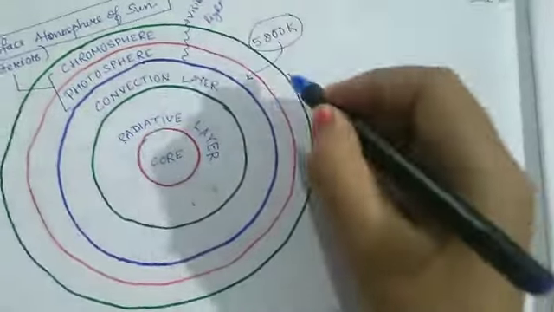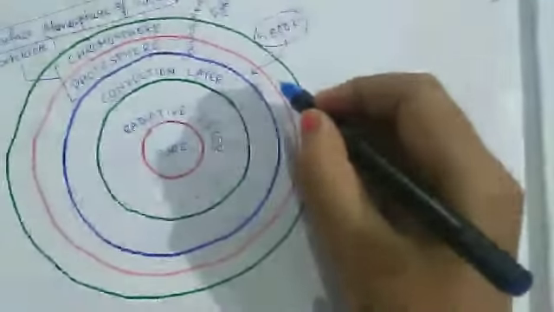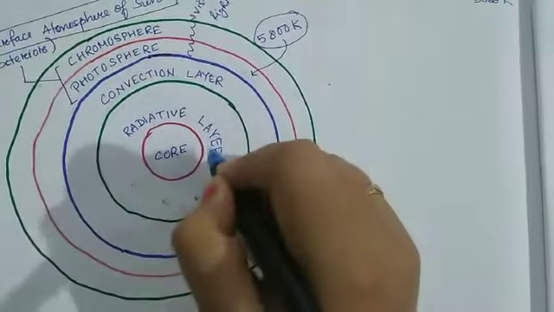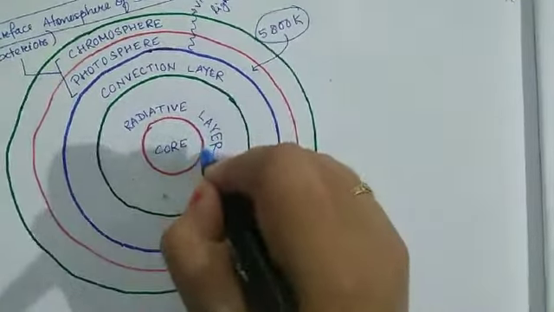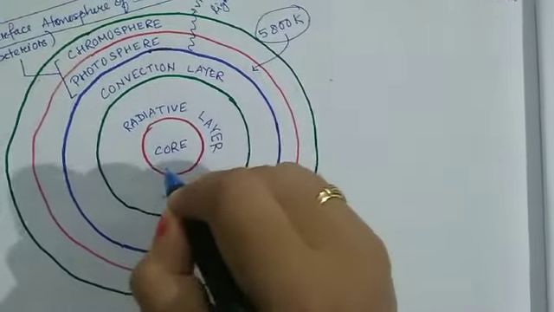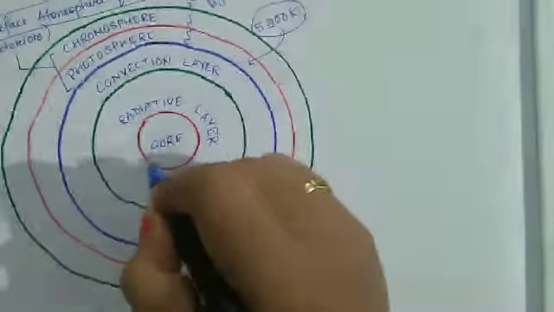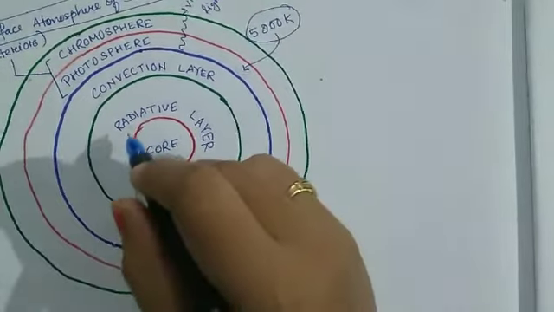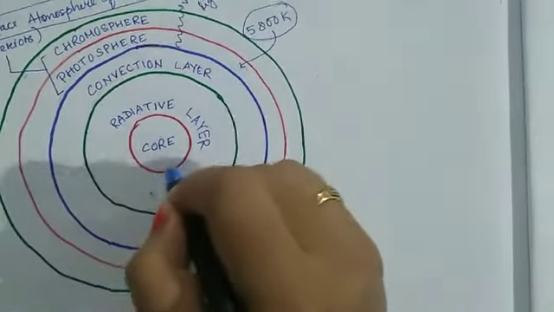And what happens in the photosphere? The core is basically a fluid, a plasma, where electrons and protons are moving. When charged particles are moving, it constitutes a kind of current in the core.